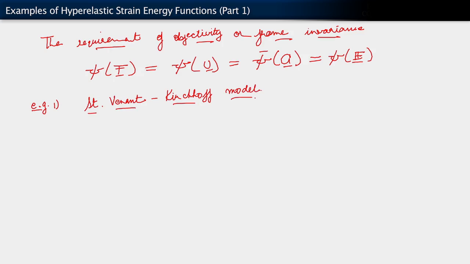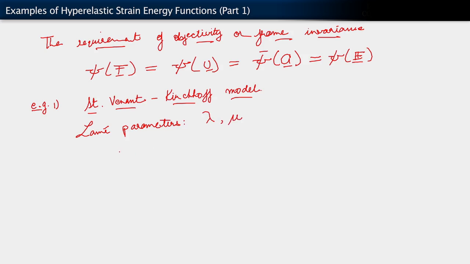This is written in terms of two material properties, which are called the Lamé parameters, lambda and mu.